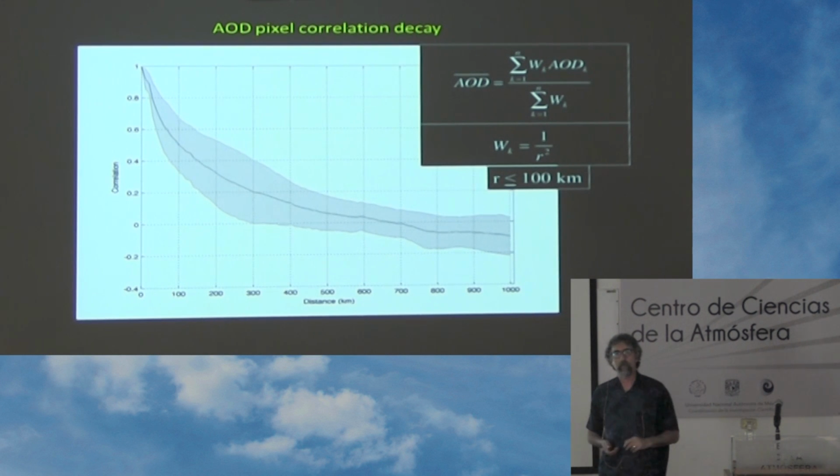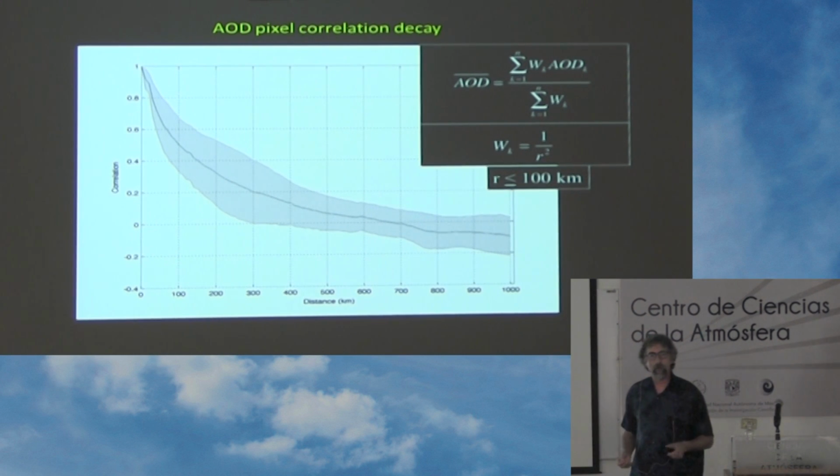Okay, not bad. Now, you could argue maybe we should have used 50 kilometers or maybe we should have used 200 kilometers. It doesn't really matter because what we did is we estimated the aerosol optical depth in the cloudy areas using a distance-weighted interpolation technique.